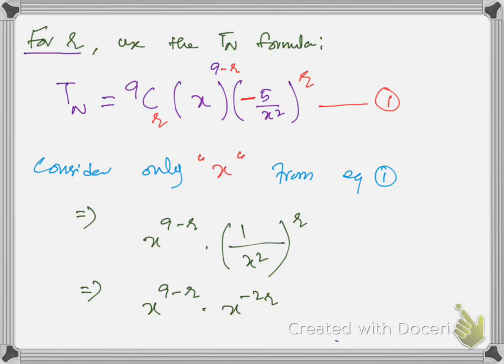Now consider only x from equation 1. You need to consider this x and this x. So from this bracket you will get x power 9 minus r, and from this bracket you will get 1 upon x square power r. Now just get the simplified form of these two x.